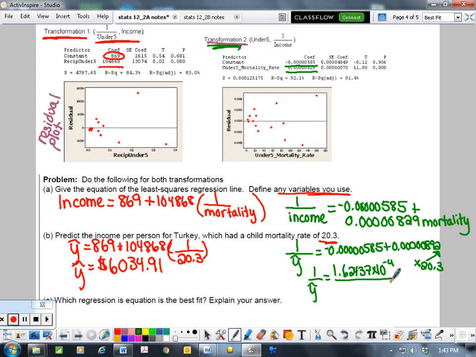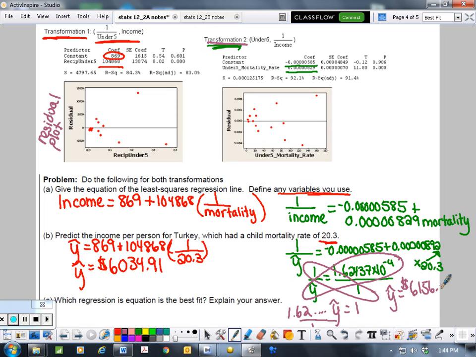So how do we figure out what y hat is? Well, I put that over 1. I do a little mumbo jumbo cross multiplication. So I get 1.62 and so on, times y hat equals 1, and I divide by the 1.62, and I find that y hat is 6,156.23.